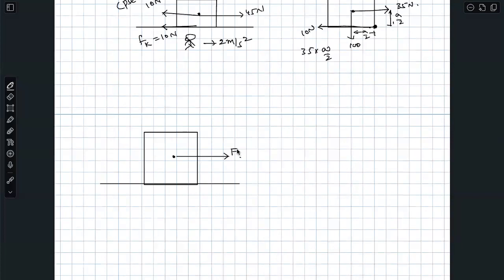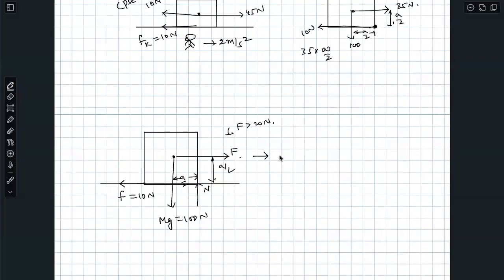F. This F is greater than 20 newtons. Obviously, the friction will be 10 newtons. Okay, right. The normal reaction expected to pass from here. And mg is equal to 100 newtons. But here this is A by 2 and this is also A by 2 because it's a cube.